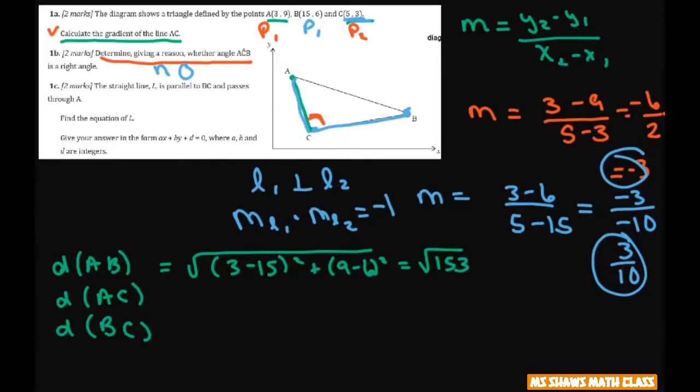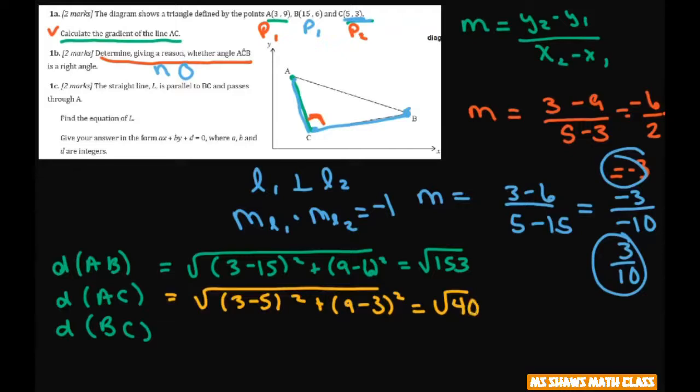For AC, we get the square root of 3 minus 5 squared plus 9 minus 3 squared. And that's going to be square root of 40. And then for BC, you're going to get square root of 15 minus 5 squared plus 6 minus 3 squared. That gives you the square root of 109.